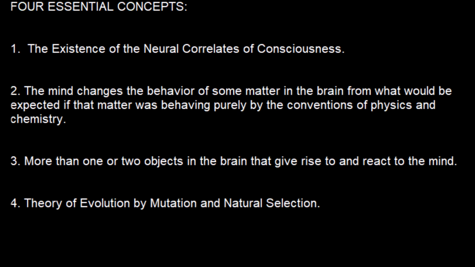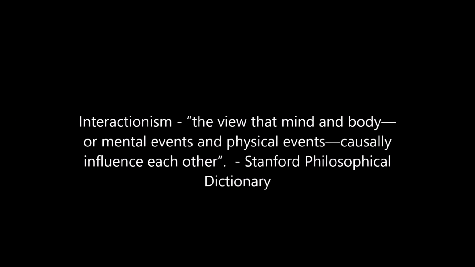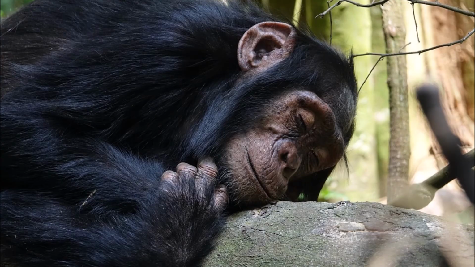Now, in a property dualist interactionist perspective, how does consciousness evolve over time? To answer this question, let's look back to our nearest common ancestor with chimpanzees for an example. This group of organisms is called Hominini by taxonomists.